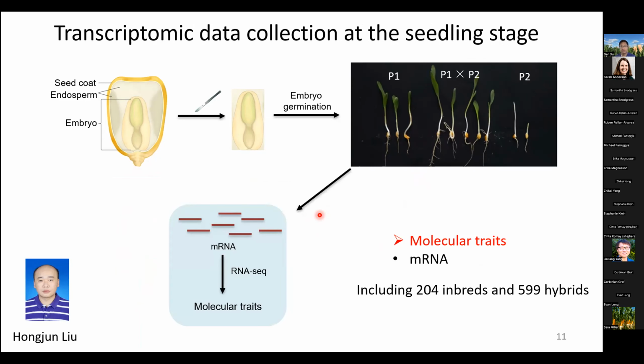We also used these young plants to extract mRNA, and we sent our samples to a company to generate RNA-seq data. This is our molecular trait. For our RNA-seq libraries, we have 204 inbreds and about 600 hybrids.